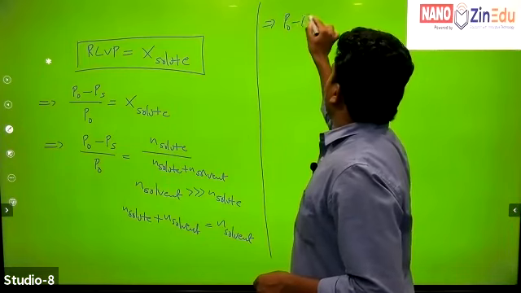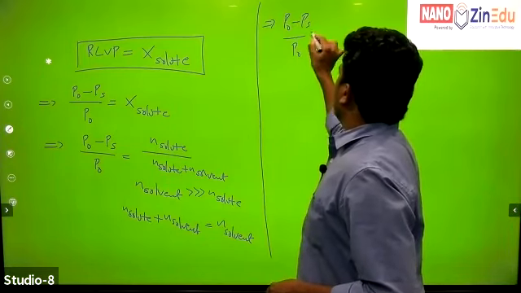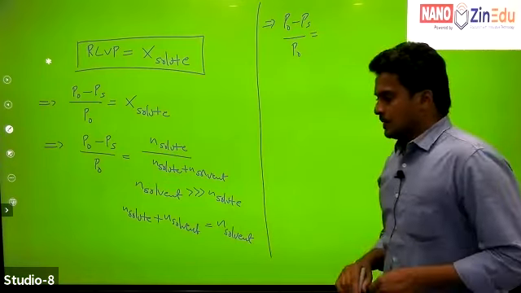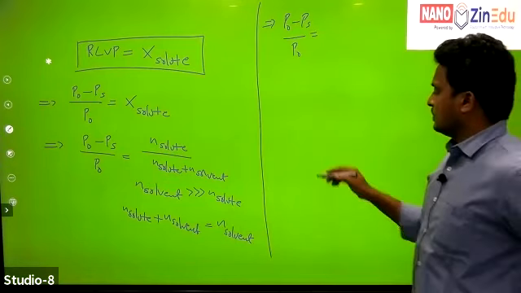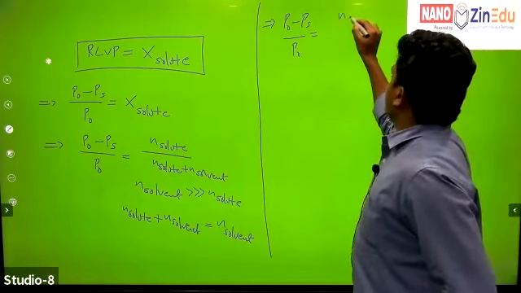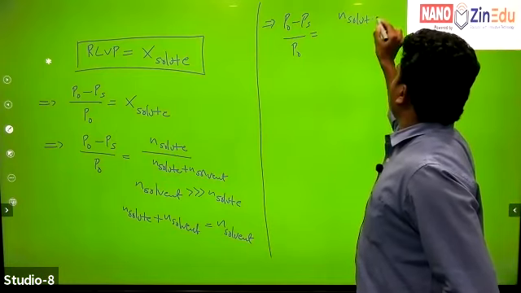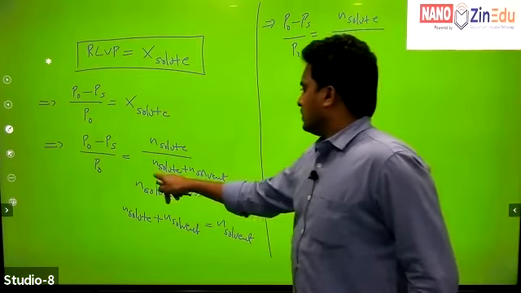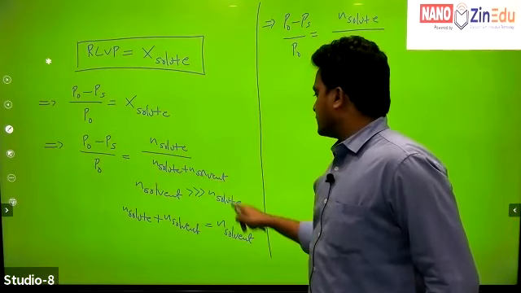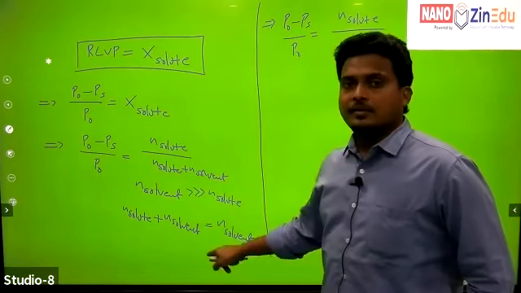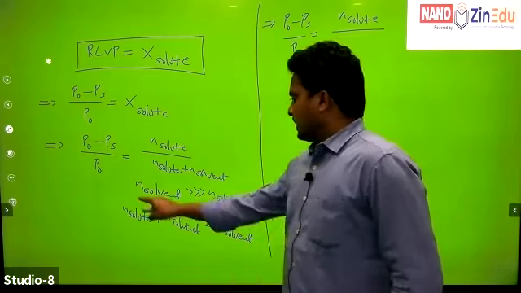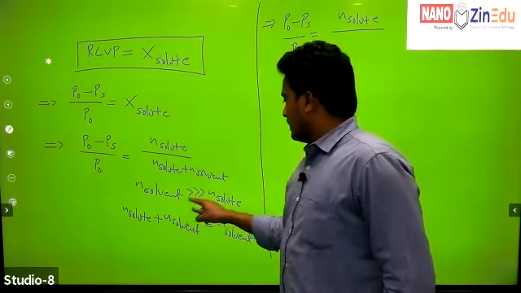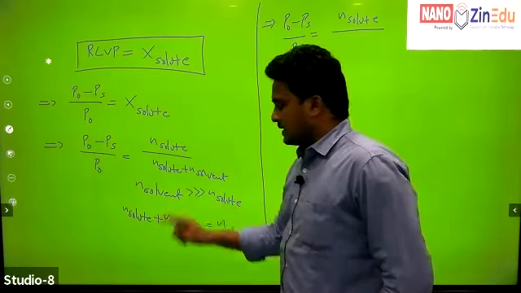P naught minus PS by P naught is equal to number of moles of solute by total number of moles of solute plus number of moles of solvent, taken as number of moles of solvent, because the number of moles of solute is very much less than the number of moles of solvent.